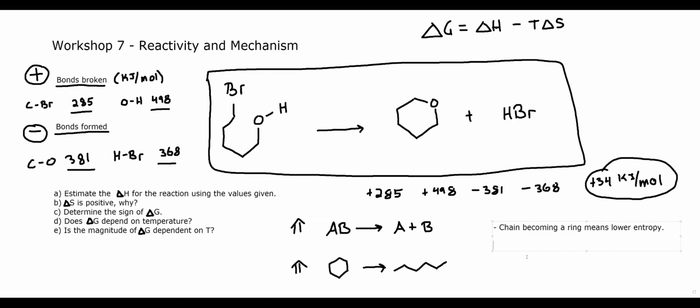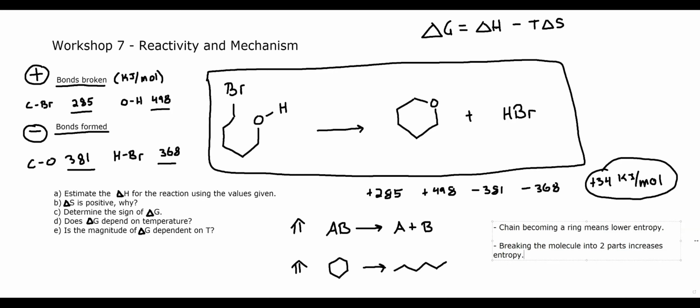But we also have the chain breaking apart into two different things, right? We have this oxygen-containing ring, and we also have HBr. So we're breaking one molecule into two molecules. So breaking the molecule into two parts increases entropy.